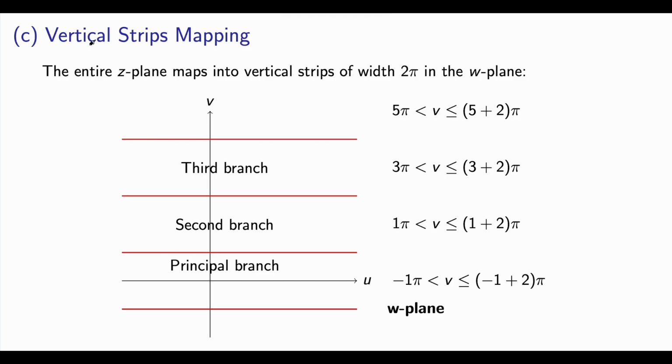Part three: vertical strip mapping. The entire z plane maps into a vertical strip of width 2 pi in the w plane. Let us consider the entire z map.